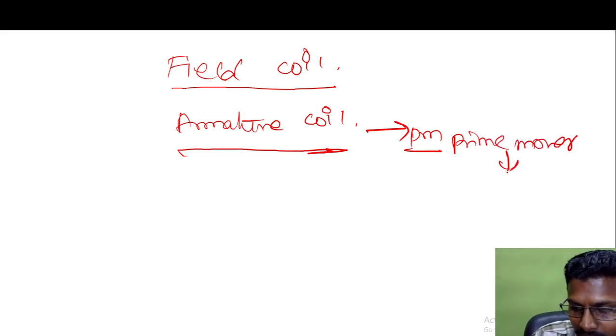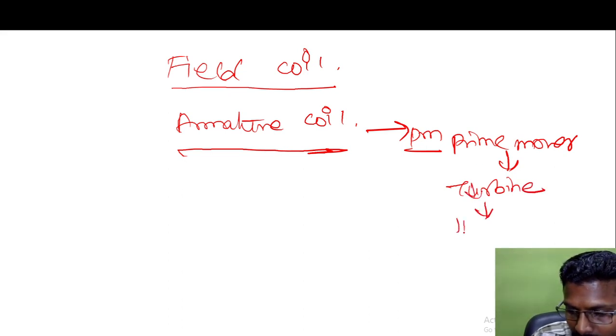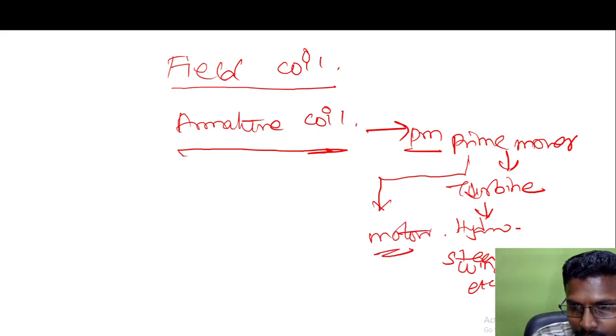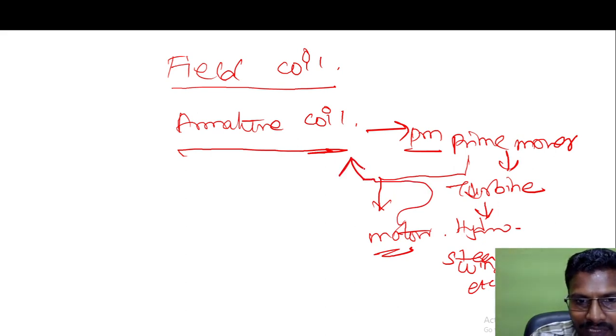The prime mover may be a turbine, which may be classified into hydro turbine, steam turbine, wind turbine, etc. In our laboratory, we will be using a motor as the prime mover to operate or excite this armature coil.